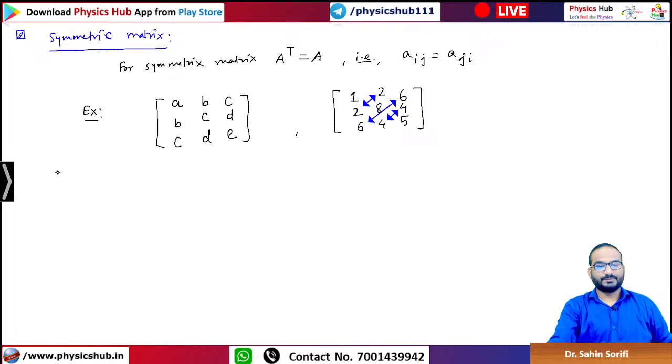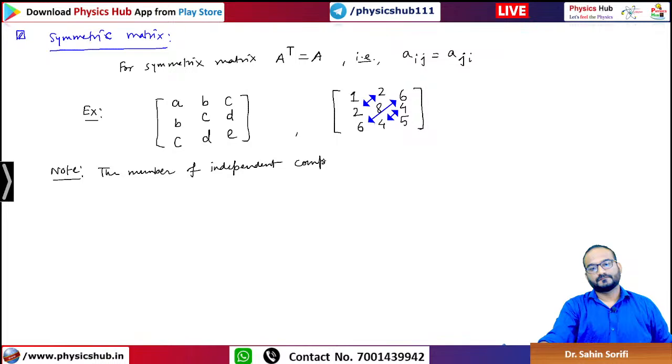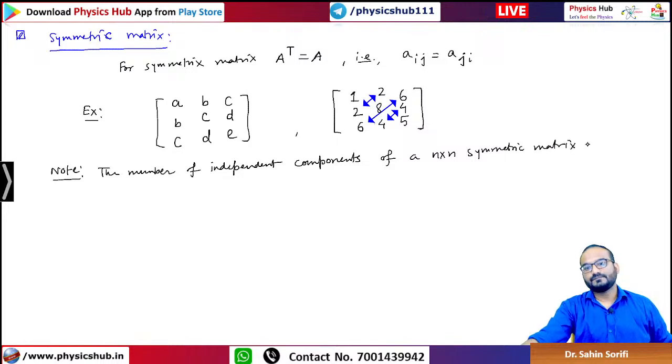So there is a formula to calculate this: the number of independent components of an n by n symmetric matrix is, you have to remember this formula, half times n into n plus 1.